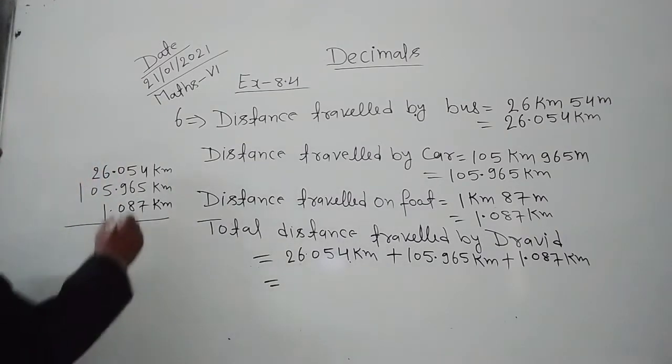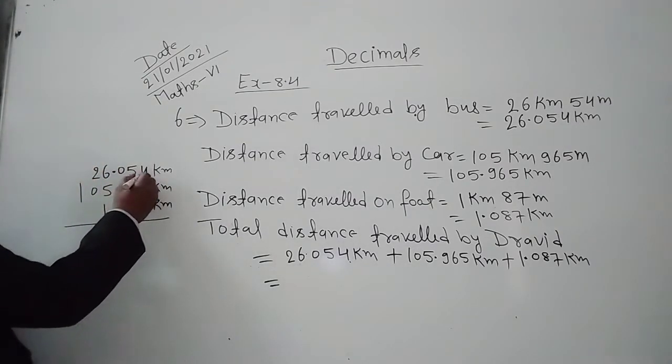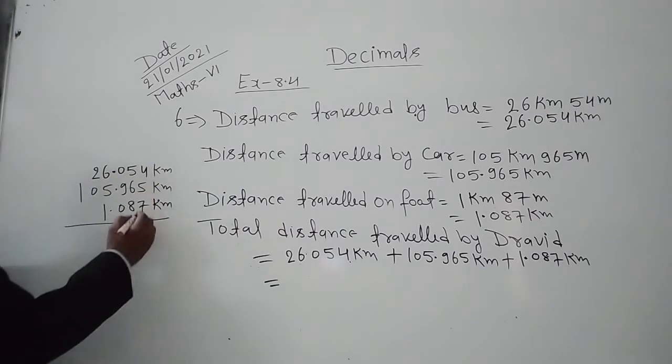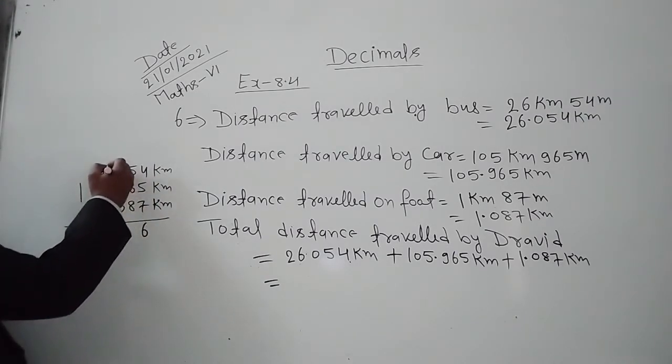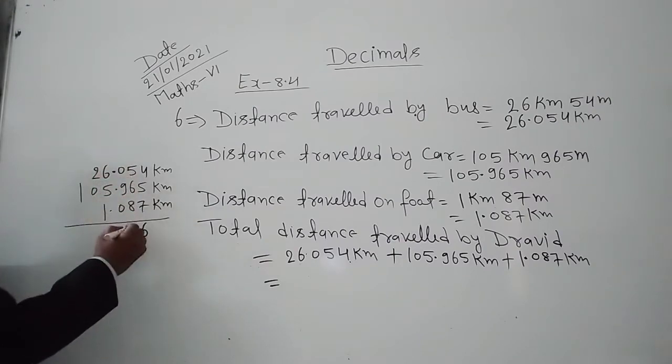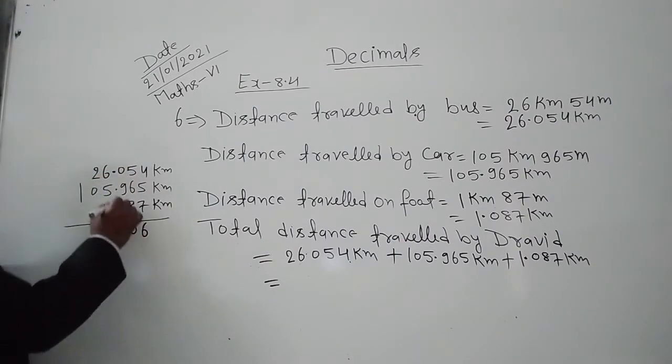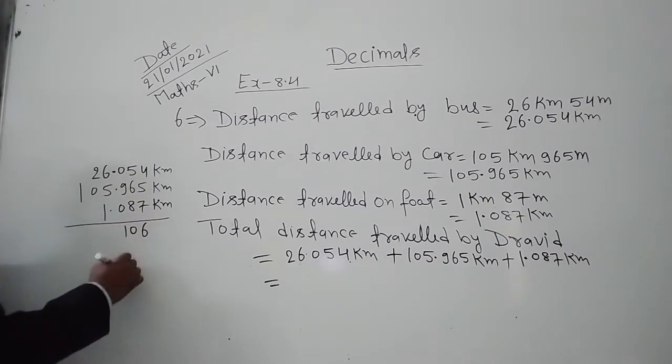Here 4 plus 5 is 9, 9 plus 7 is 16, carry 1. 6 and 6, 12, plus 8 is 20, 0, carry 2. Then here 9 and 9... 11, carry 1.